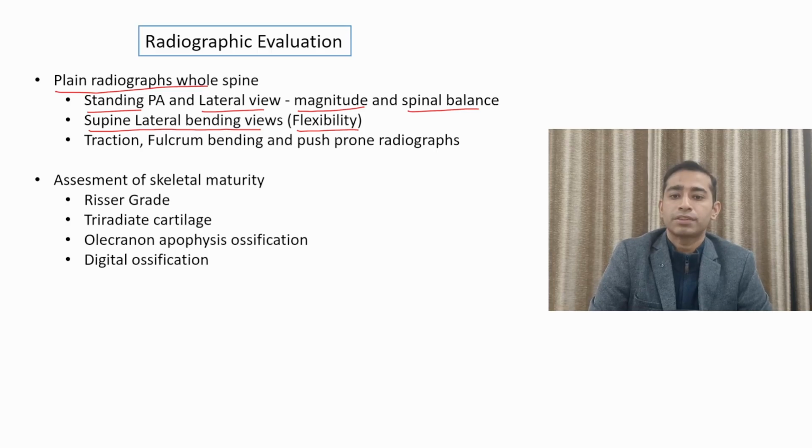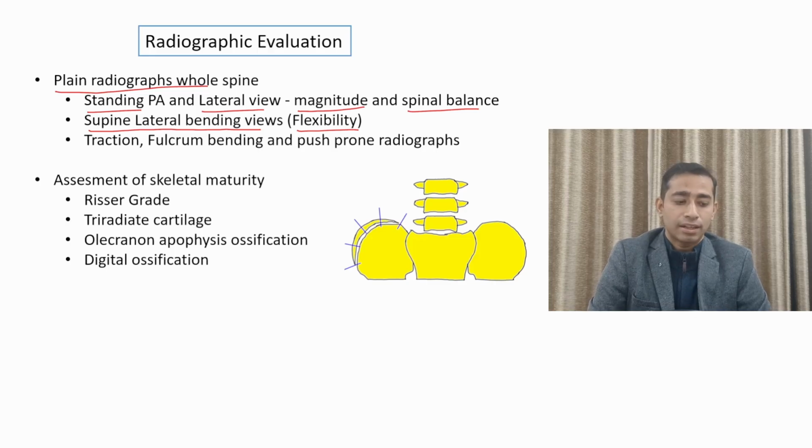The assessment of skeletal maturity is done through Risser's grading, triradiate cartilage open or closed, olecranon apophysis ossification, and digital ossification. In Risser's grade, it is the calcification of the iliac wing apophysis. So this is the iliac wing apophysis, and the iliac wing is divided into 4 parts.